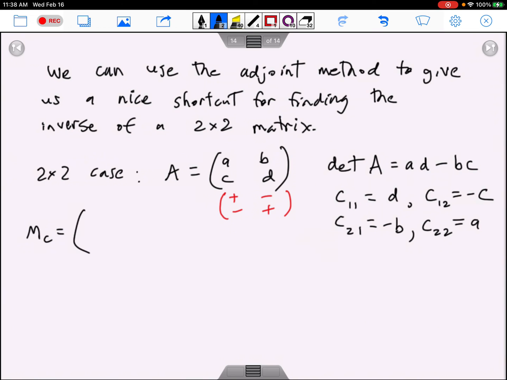And so our matrix of cofactors is D, negative C, negative B, A. And so we're ready to write down our adjoint.